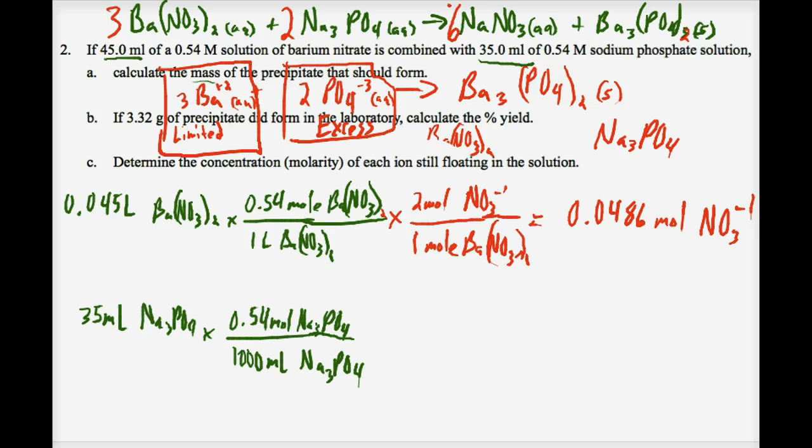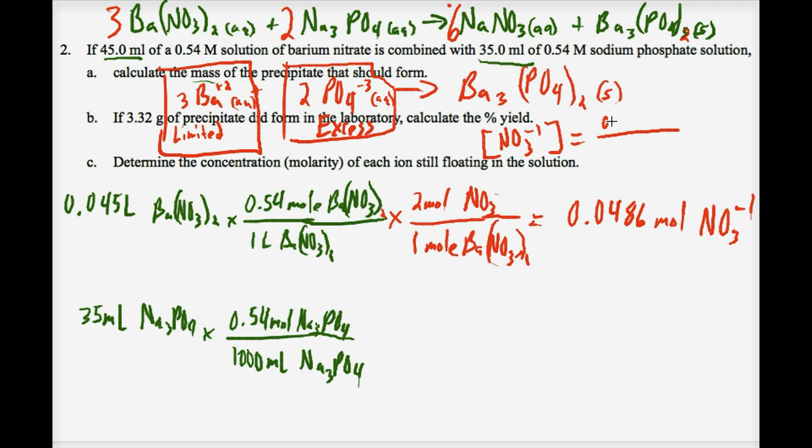So they're asking for the molarity of the ions. I'm going to do something we haven't seen. I'm going to put brackets around nitrate. The brackets actually mean molarity, so anytime from here on out you see brackets, it means molarity.